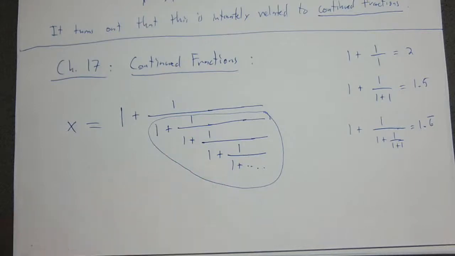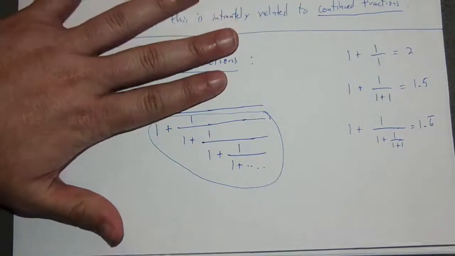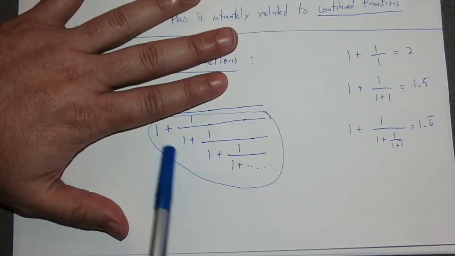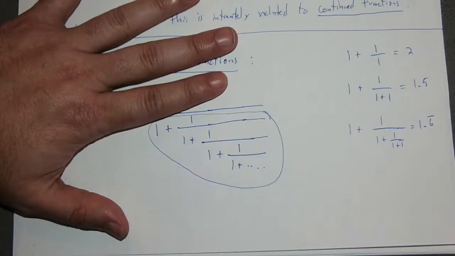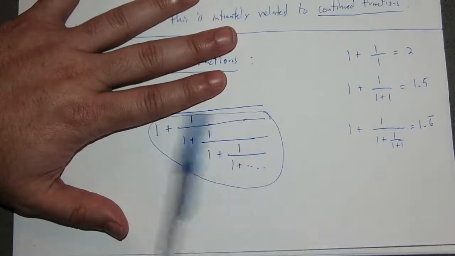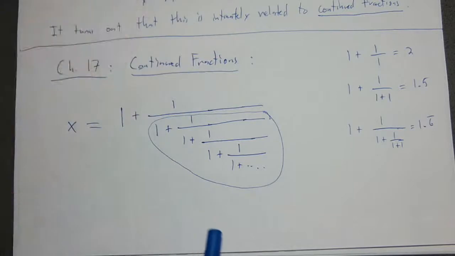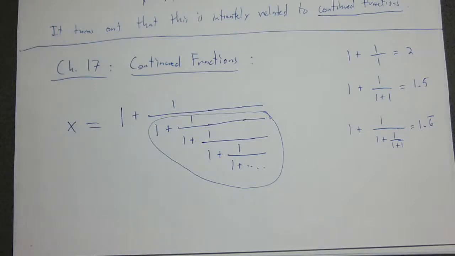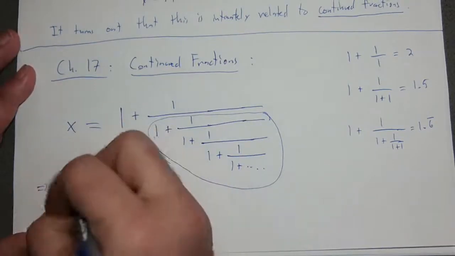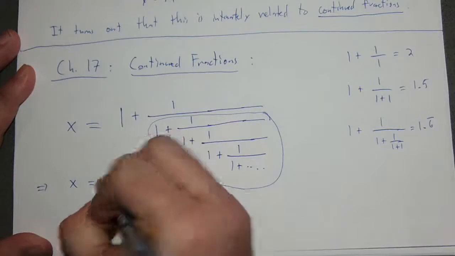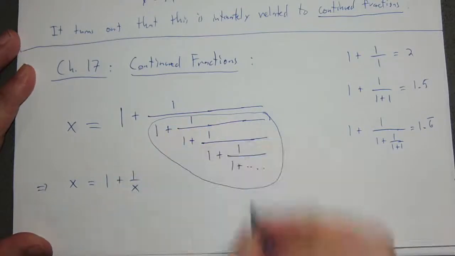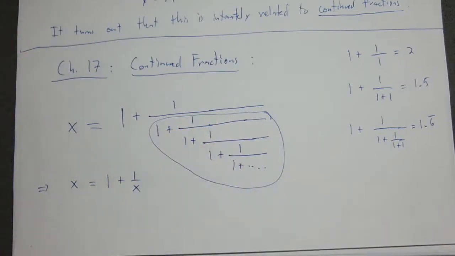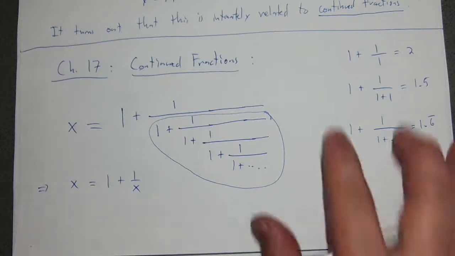If I circled that and put my hand over this, and looked at this expression, you'd say, well, that's the same as the expression we started with. And it is. So whatever this x is, it's the same as 1 plus 1 over itself. So really, this is 1 plus 1 over x.